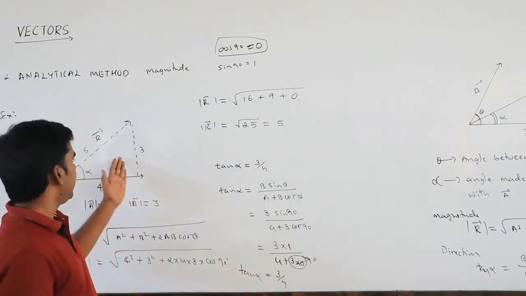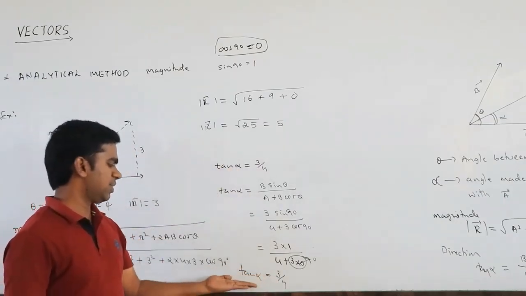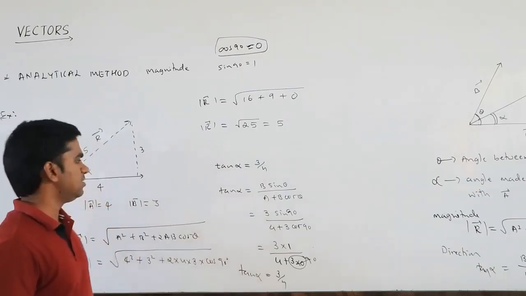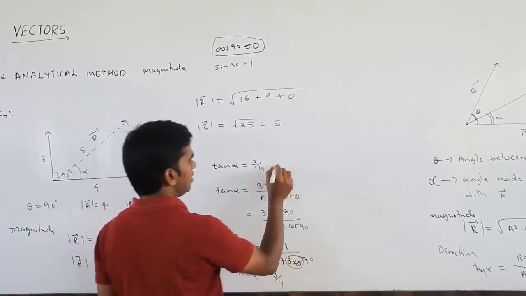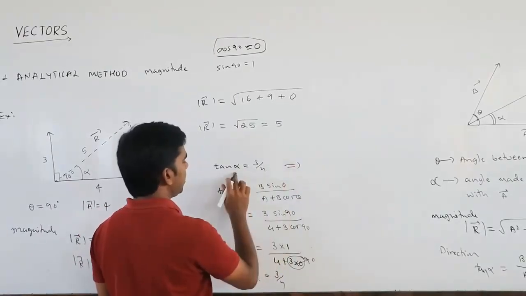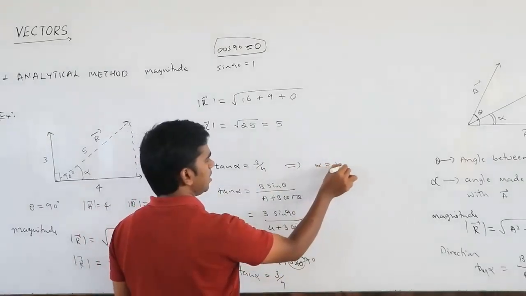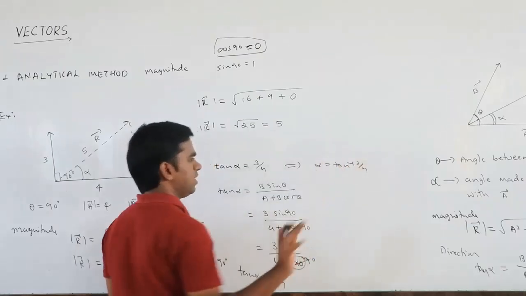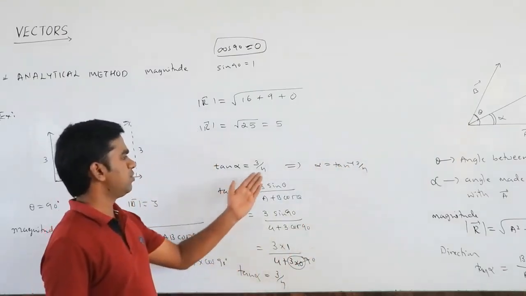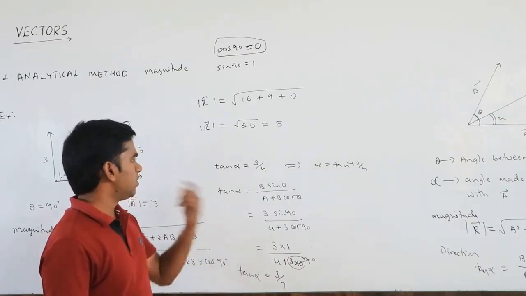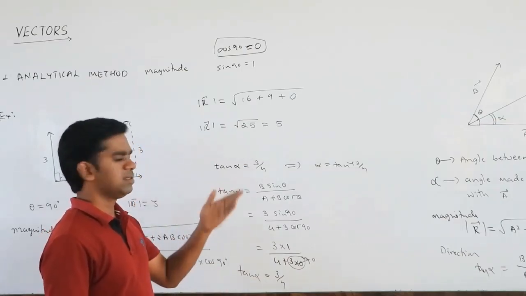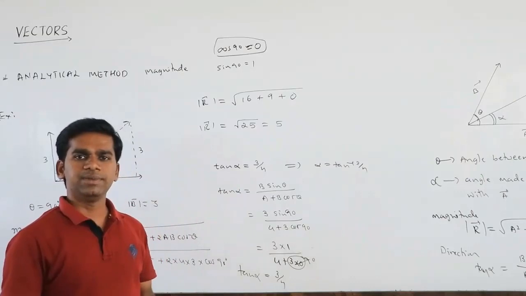You can directly use this one or you can use the formula as it is. So tan alpha equals 3 by 4, or simply alpha equals tan inverse of 3 by 4. Tan inverse of 3 by 4 will give the angle, maybe some 37 degrees, which we will see later.